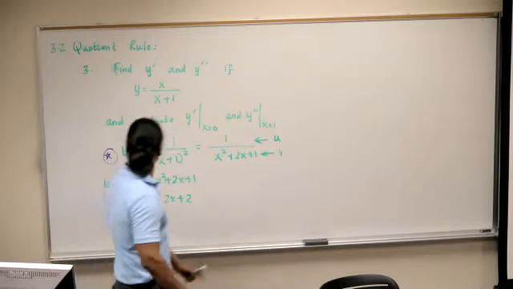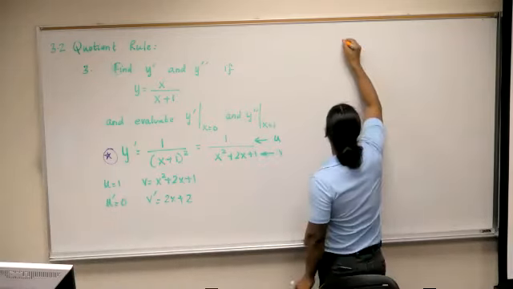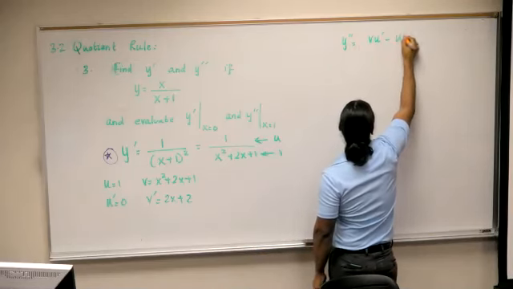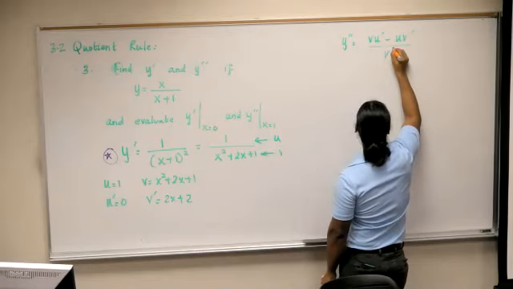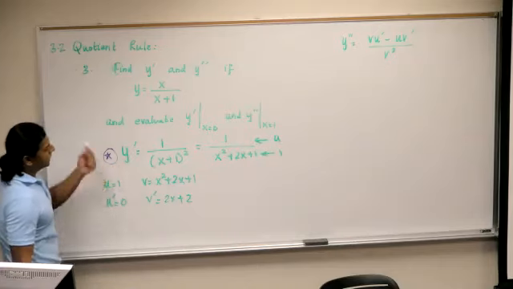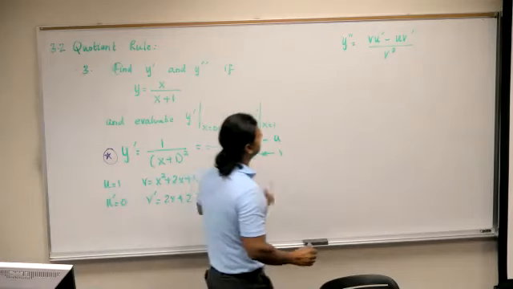Good. So for the second derivative, I'm going to stick to the same formula because we redefined the u and the v. So u now is 1 and v is x squared plus 2x plus 1.